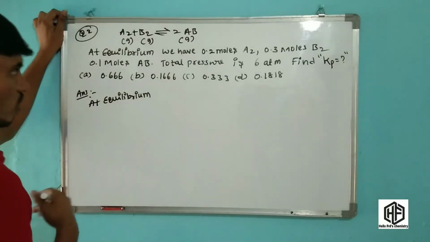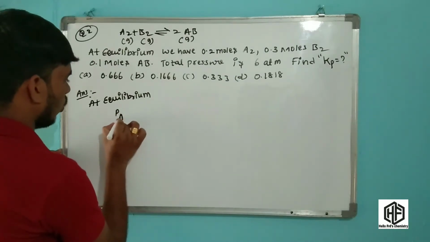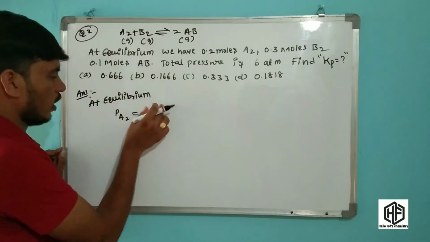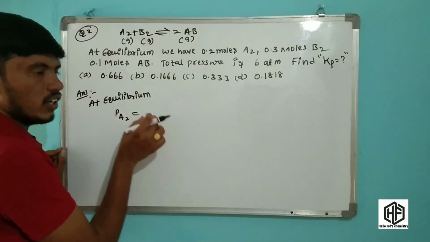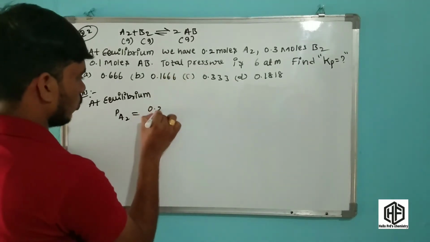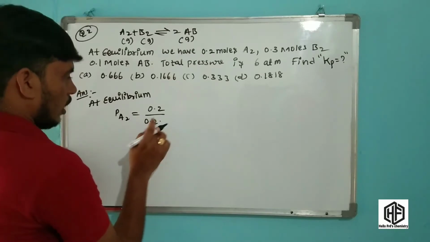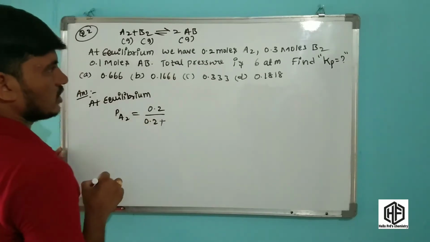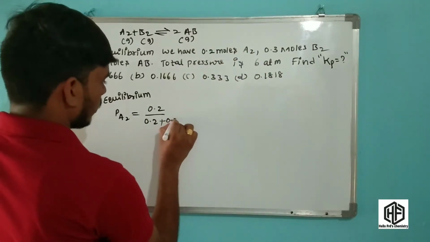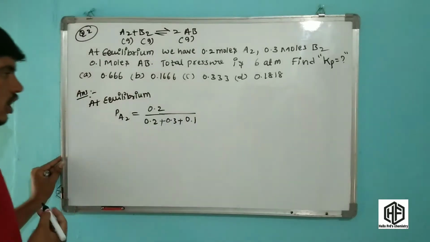Now we have to find the partial pressure of A2. The partial pressure of A2 is the moles of A2 by total moles. The moles of A2 is 0.2, by the total moles, which is 0.2 plus 0.3 plus 0.1. These are the total moles.